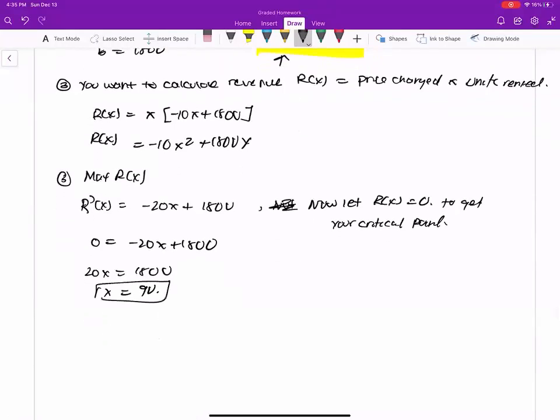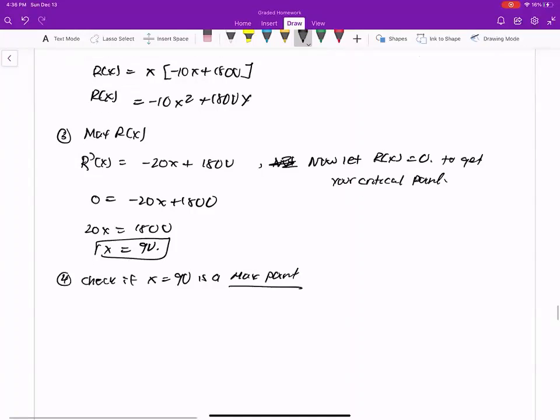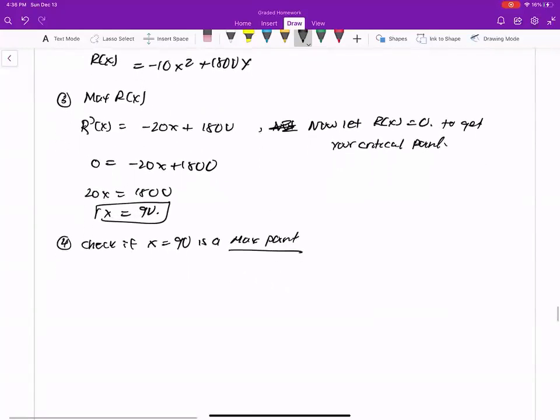Now, you got one of your critical points, but you do not know whether your critical point is in fact a maximum. So you would have to check if x equals 90 is a maximum point. In order to do that, since I did not do it this way in the first optimization problem, I will calculate the second derivative of R. You can see that R prime of x is negative 20x plus 1800, so the derivative will always be negative 20.